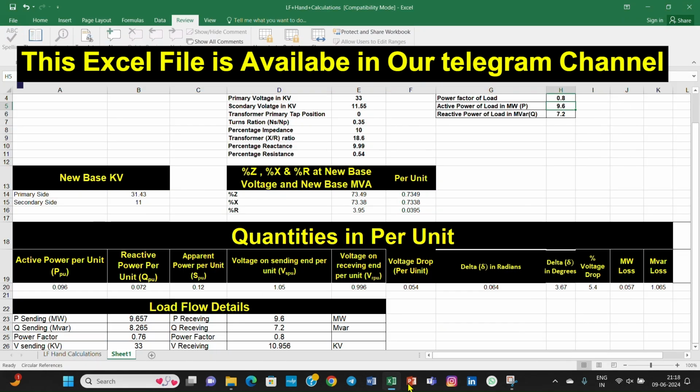There is a slight difference because fractions come up in the calculation and I have rounded off to about 2 or 3 decimals. Due to this rounding off, little variations are coming.